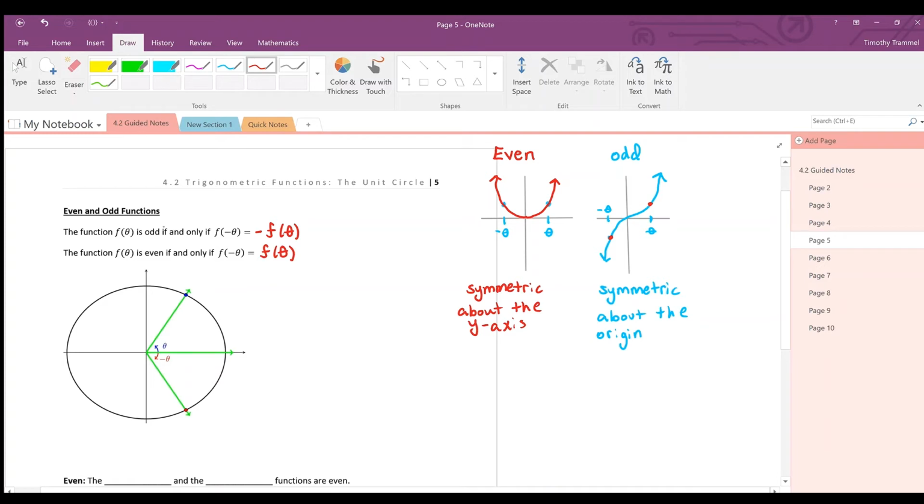Okay, and again, that was for even functions, and the first one was for odd. Okay, and so it actually ends up that sine, cosine, tangent, cotangent, secant, cosecant are all either odd or even. They're one or the other. Okay. And so what we're going to do is figure out which ones are odd or even and talk about why.